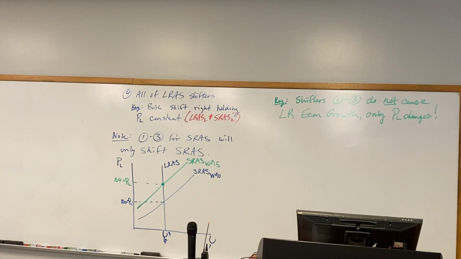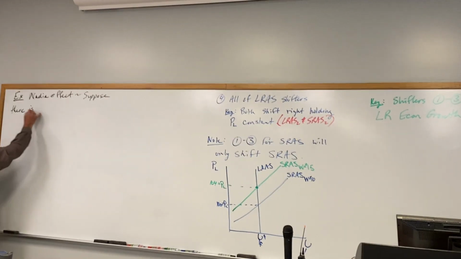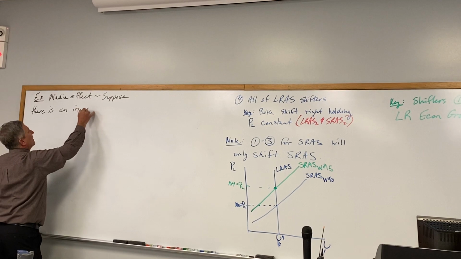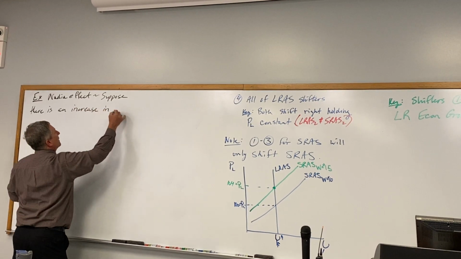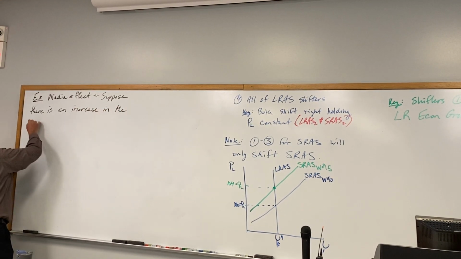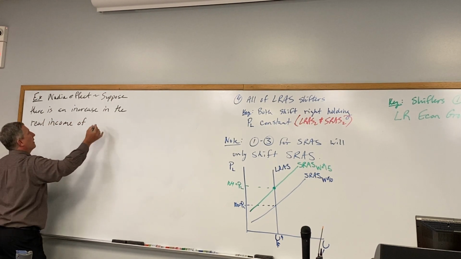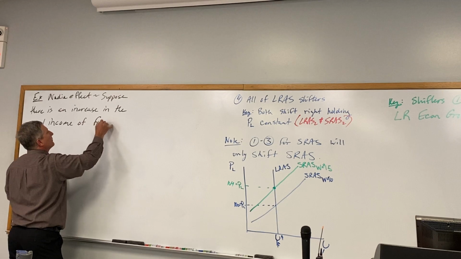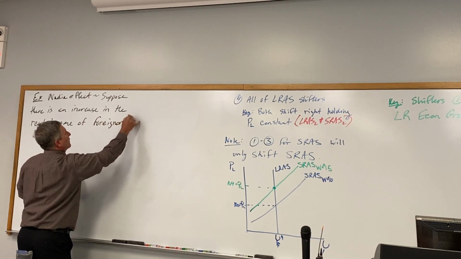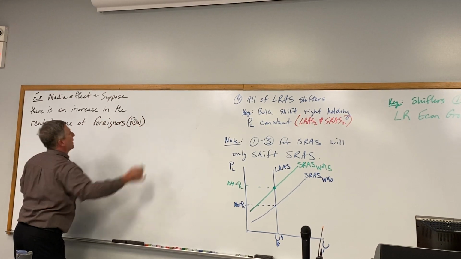So, Nadia effect. Suppose there is an increase in the real income of foreigners. The rest of the world, ROW.